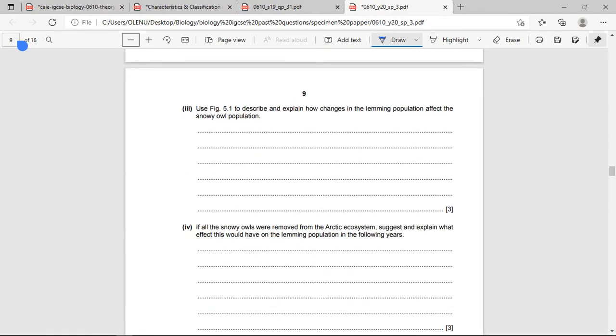Now, using figure 5.1, describe and explain how changes in the lemming population affect the snowy owl population. There are 2 key terms here, describe and explain. Description is when you say what you see, an explanation is when you give reasons for what you see happening.